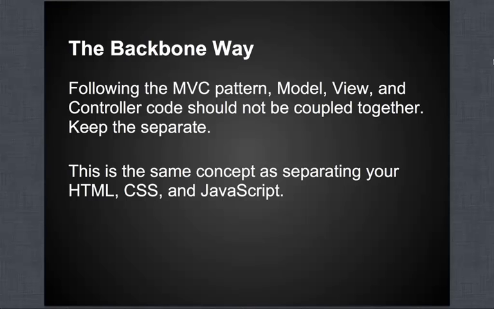It's the same sort of concept for MVC. You want to separate your data from the business logic that's going to happen to that data, from how that data is displayed. I'll show you some code examples later of what that looks like, but we'll keep trucking on here.